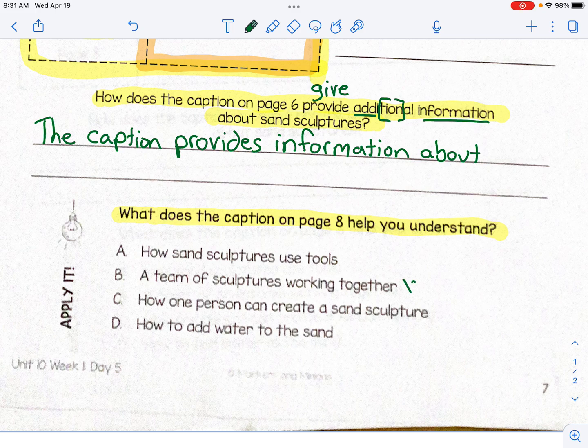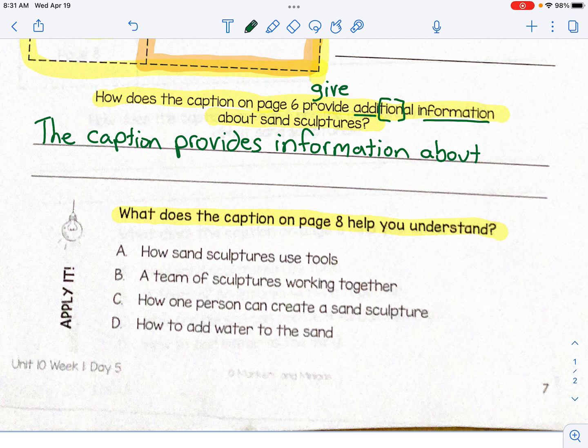If no, put an X. Let's look at letter C. How one person can create a sand sculpture. Is that what the caption on page 8 is helping me understand? If that's what it's helping you understand, you put a check. If not, put an X.